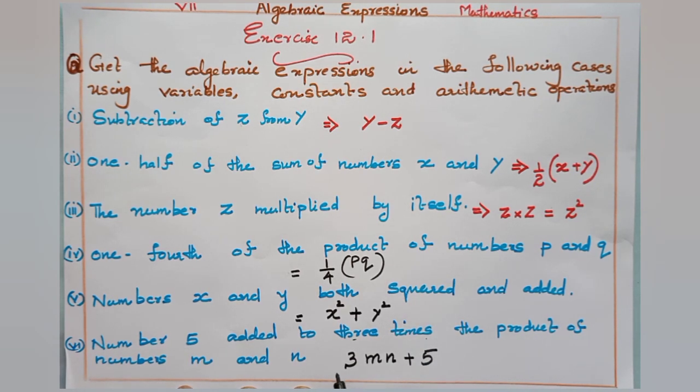So the algebraic expression is 3mn plus 5. The number 5 is added to 3 times the product of m and n. Okay, understood, all of you?